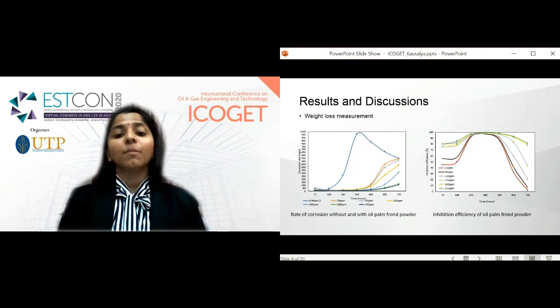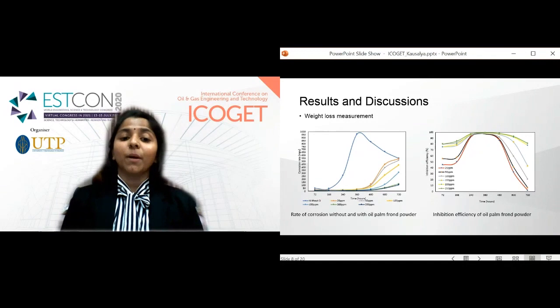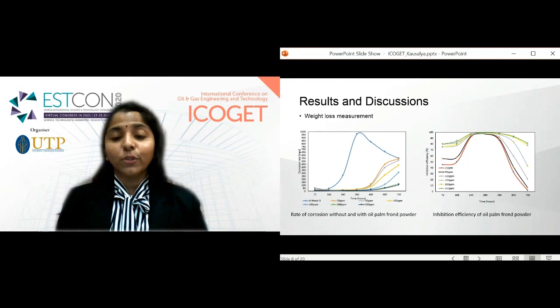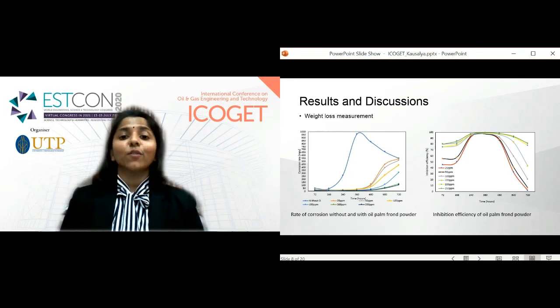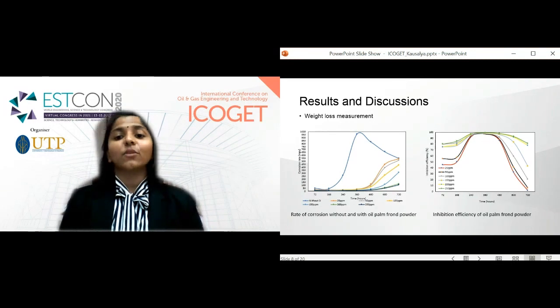The maximum inhibition efficiency achieved by the oil palm frond powder was 99% with 250 ppm concentration at 360 hours, which is also the reason why the rate of corrosion is maximized at 360. This is because the rate of corrosion was increasing gradually until 360 hours, but started increasing drastically thereafter.